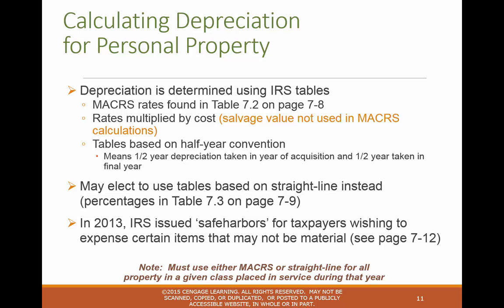Finally, in 2013, the IRS gave us safe harbors for taxpayers wishing to expense certain items that may not be material. On page 712 at the top, non-inventory supplies and materials costing less than $200 may be expensed.